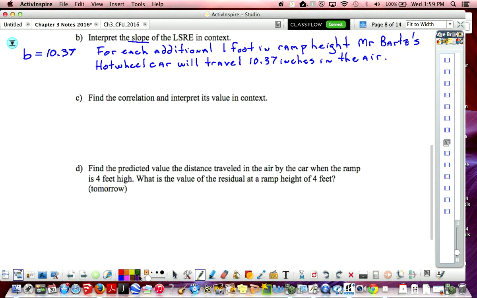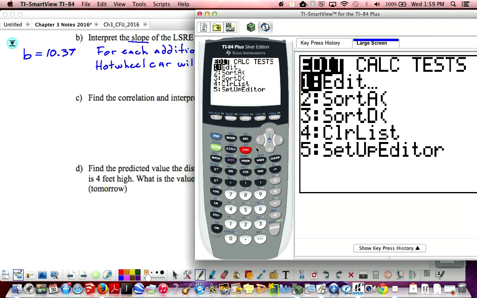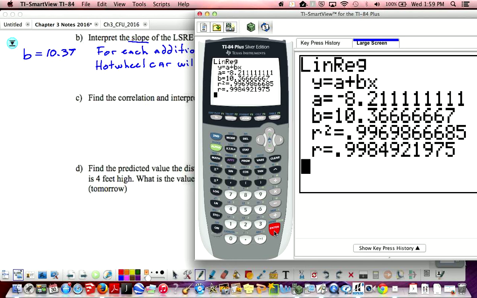So when we go back to the correlation coefficient from our least squares regression, the stat calculate number 8, lots of times I'll actually write down what r is right away, just in case it comes up. Look at that r value, 0.9985 if we round it.